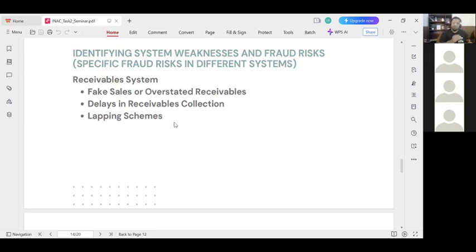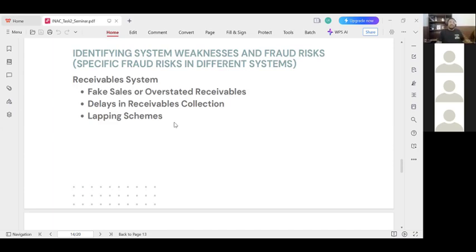So what can go wrong with the receivable system? You can have fake sales, or you can have overstated receivables. Why would a company be interested in doing that? Why would you try to overstate your receivables?